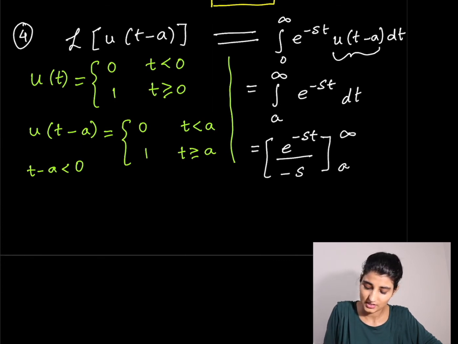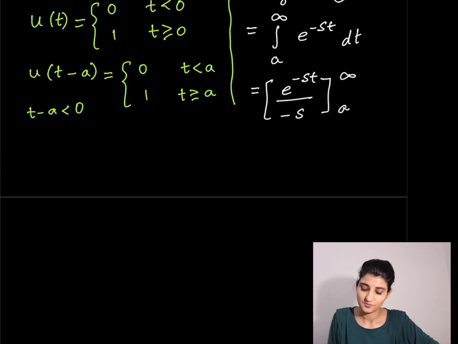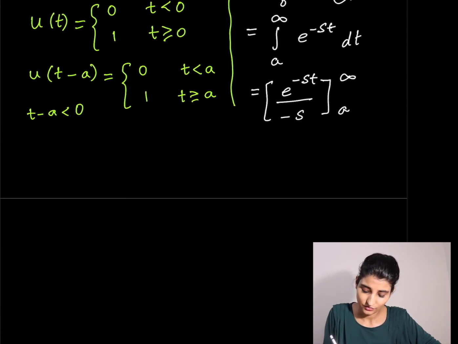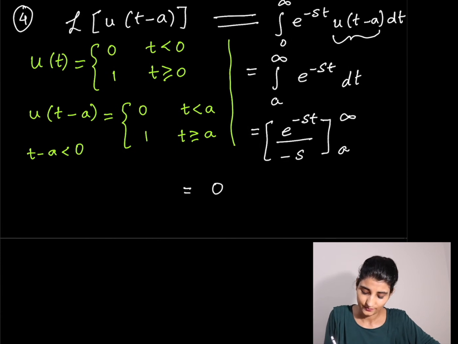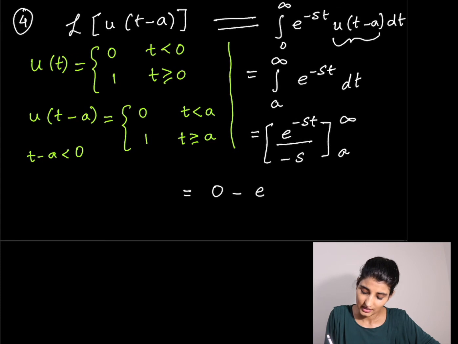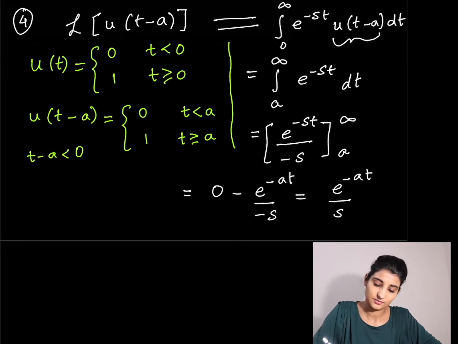The lower limit is a, the upper limit is infinity. If you substitute the upper limit, you will get 0. If you substitute the lower limit, you will get e^(-as) divided by negative s, with the overall negative sign, which is the same as e^(-as) divided by s. Right?